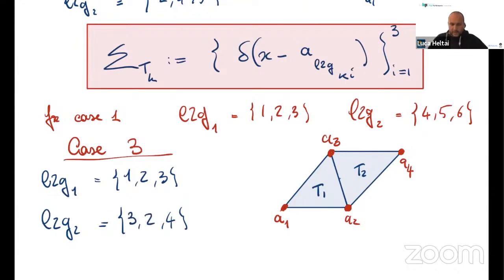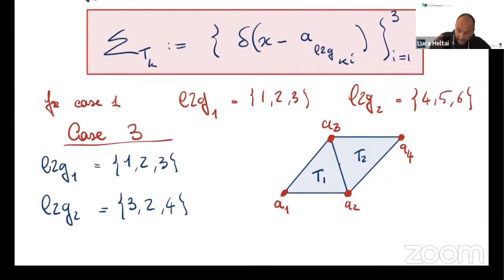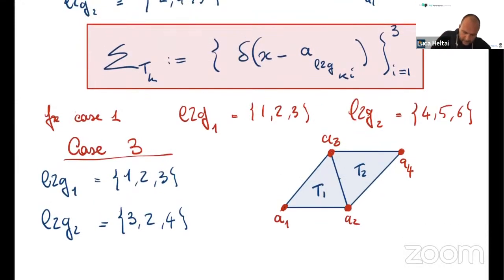Okay. And now, of course, the dimension of the space is smaller than the dimension of case 2, and is smaller than the dimension of case 1. And in this particular case, this space is continuous.